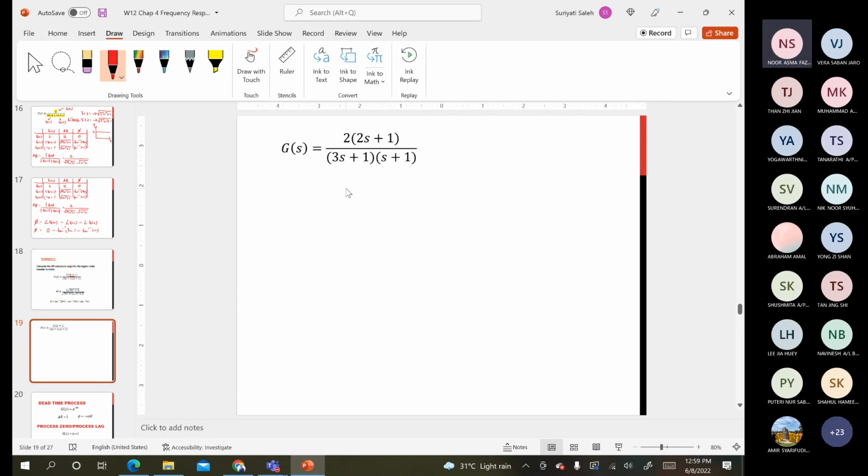So let me show you one more time how we can construct the amplitude ratio and the phase angle for this transfer function. We have a first term, second term, third term, and fourth term. Let's say the 2 here is your GA, and 2s plus 1 here is your GB.